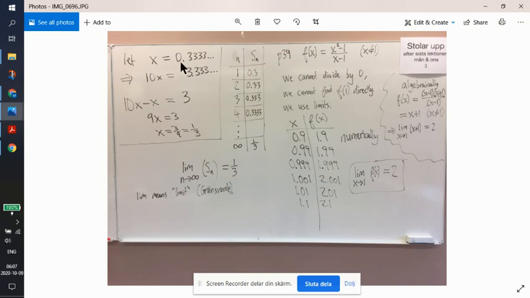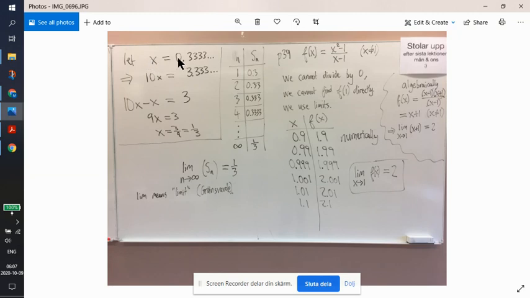So here we're saying that 1/3 we can write it as 0.333. We can view that as a geometric sum of 0.3 plus 0.03 plus 0.003 and so on.